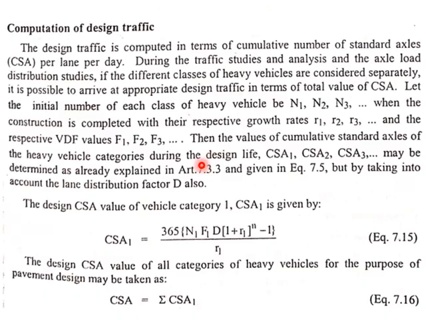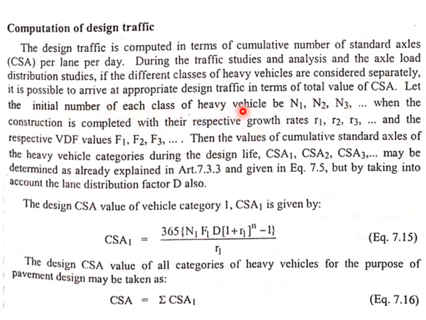The design traffic through the pavement is expressed in terms of cumulative number of standard axles per lane per day. So to find out this value, that is, the cumulative number of standard axles, we need certain quantities. First is N1, N2, N3, which are the number of classes of heavy vehicles.